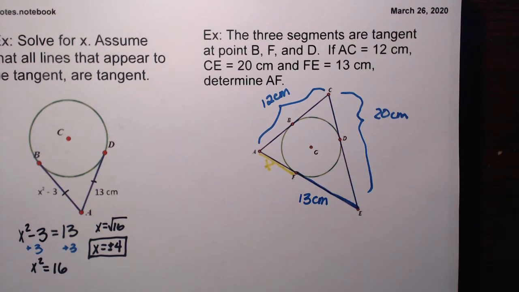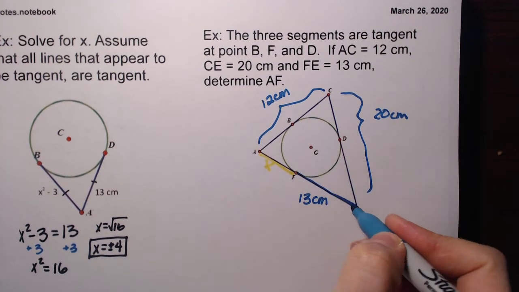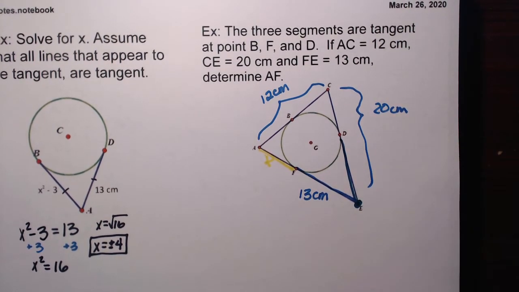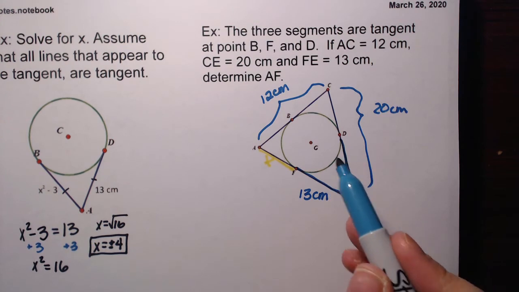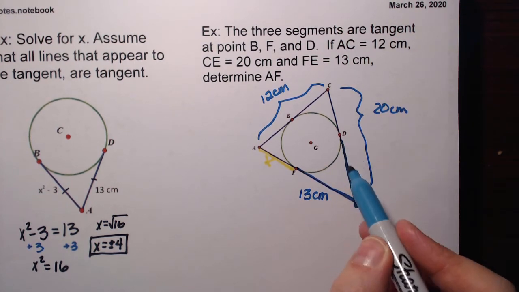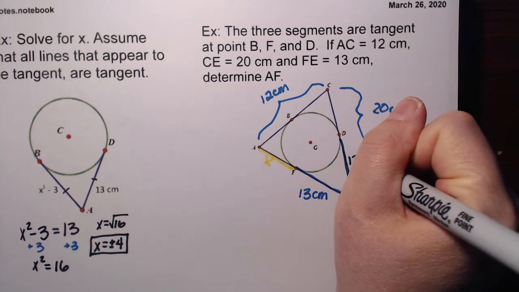I love these problems. I think they're so much fun. What I know is that this line and this line meet at an exterior point, and they're both tangent to my circle. That means if this is 13 centimeters, this is 13 centimeters.